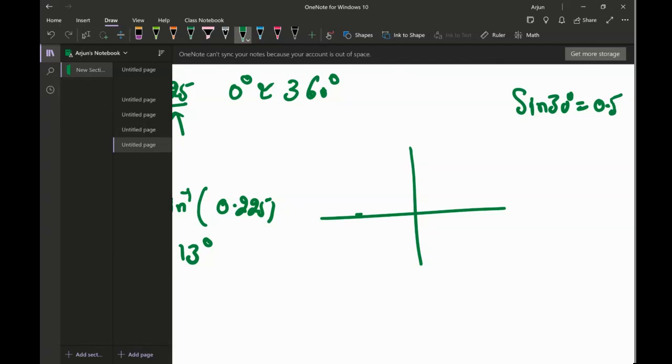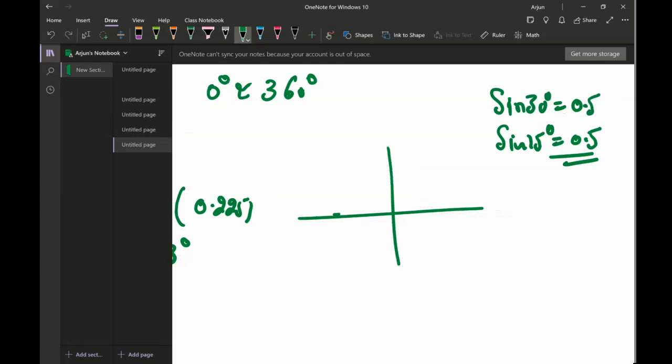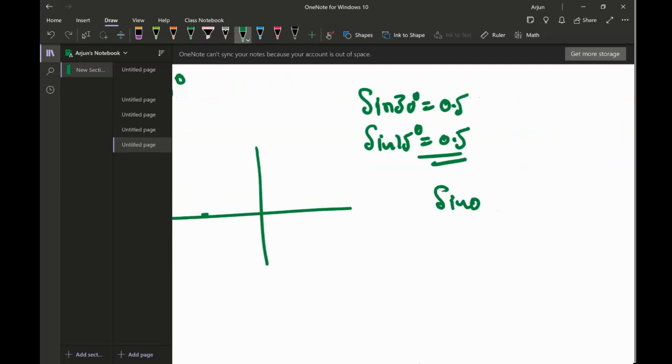And then I ask you sine of 150 degrees, oops, sine 150. That comes out to be again 0.5. Sine 150 degrees is 0.5. Now, if you are given sine theta equal to 0.5, now find the theta.